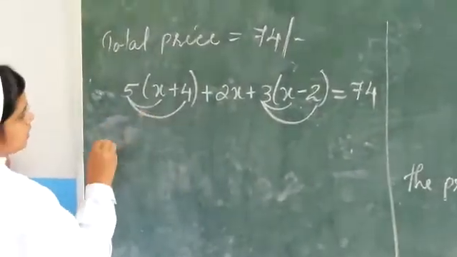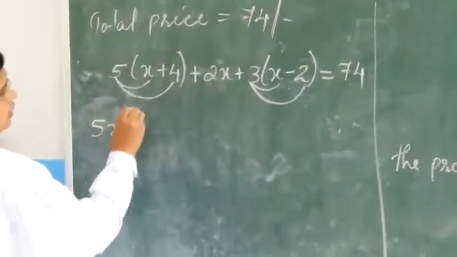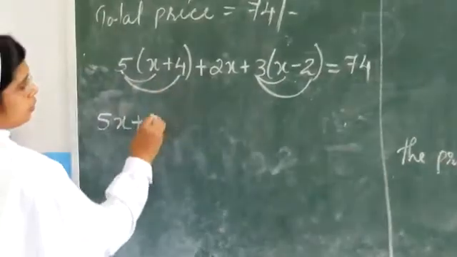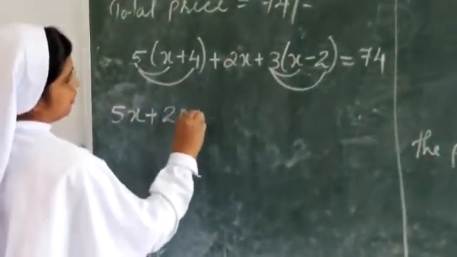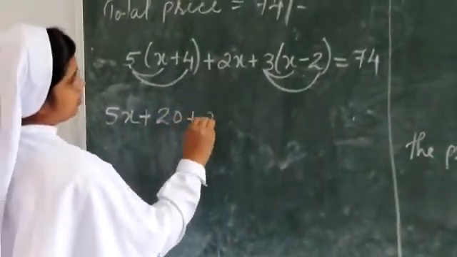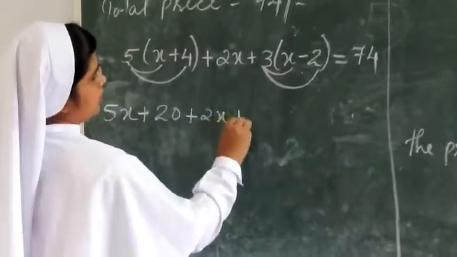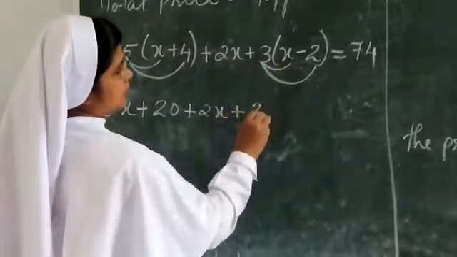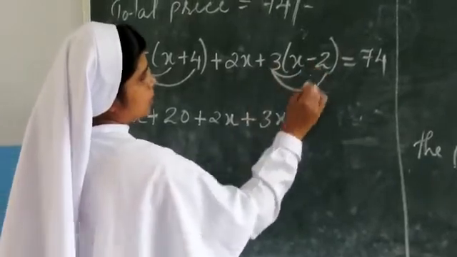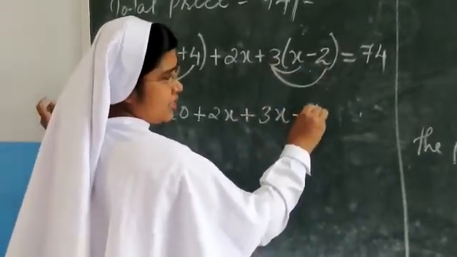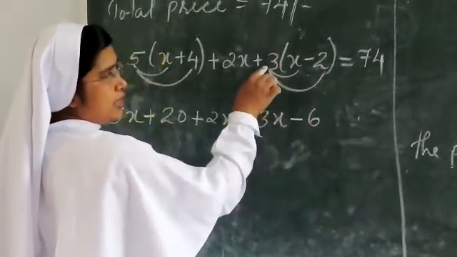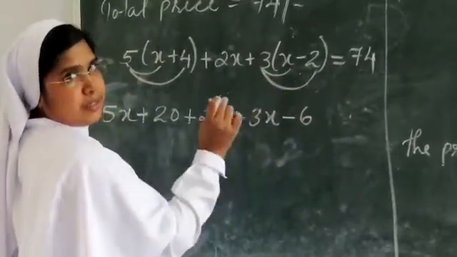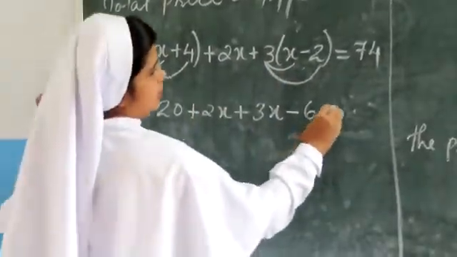Okay? 5 into x, 5x. Plus 5 into 4, 20. Plus 2 into x, 2x. Plus 3 into x, 3x. 3 into minus 2, minus 6. Keep in mind, plus 3 into minus 2 is equal to minus 6.